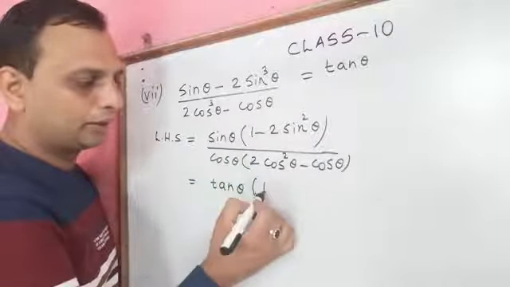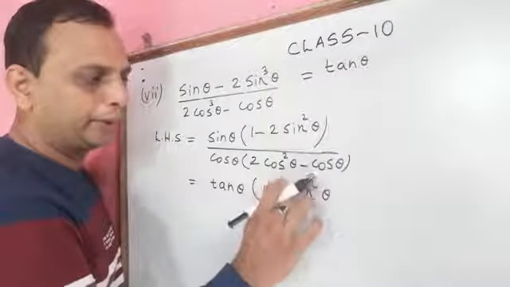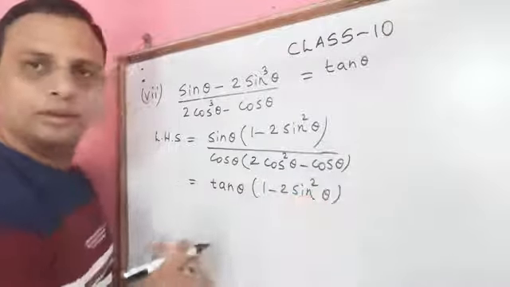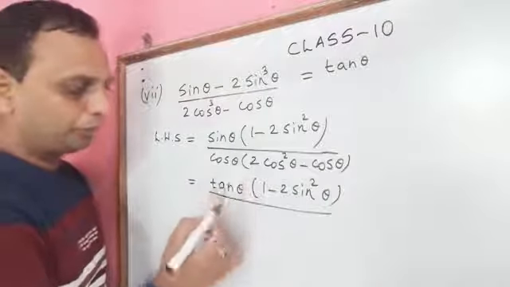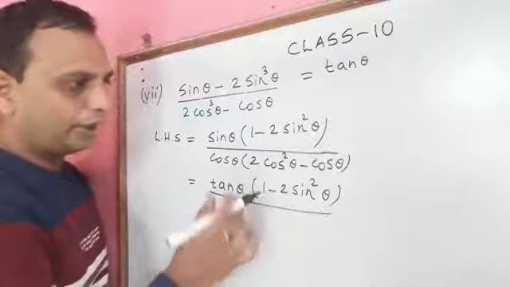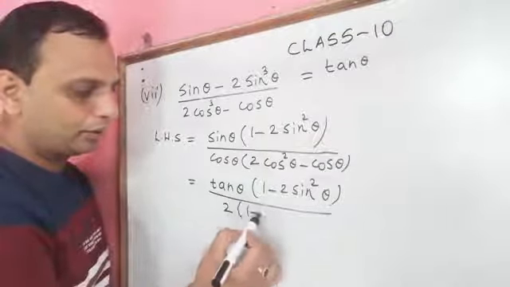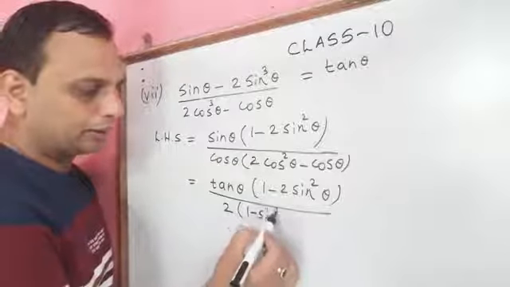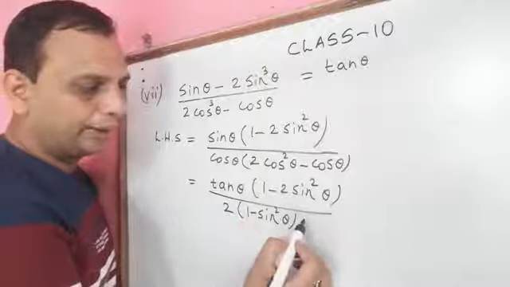Now 1 minus 2 sin square theta, as it is we have to write, because nothing we can change here. In the denominator, in place of cos square theta, we can write 1 minus sin square theta, because cos square theta is equal to 1 minus sin square theta.